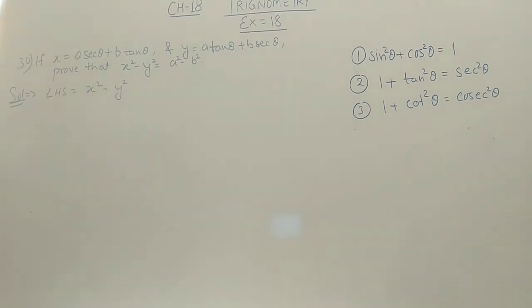Next question number 30. If x is equal to a sec theta plus b tan theta and y is equal to a tan theta plus b sec theta, we have to show here x square minus y square is equal to a square minus b square.